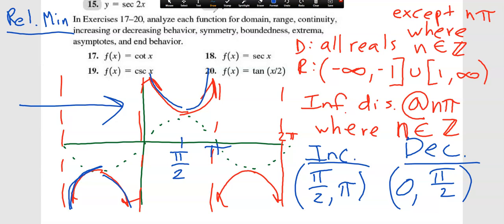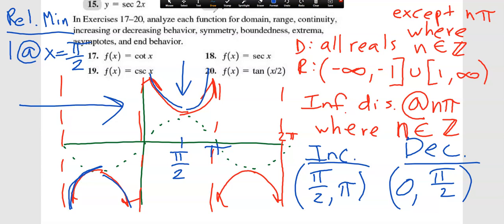So let's suppose you think a relative minimum occurs right there at the bottom of that little valley. That'd be a good choice, by the way. What is that y value? 1. And it occurs at x equals pi over 2. That is an example of a relative minimum. And of course, you could continue adding 2 pi to get all those.